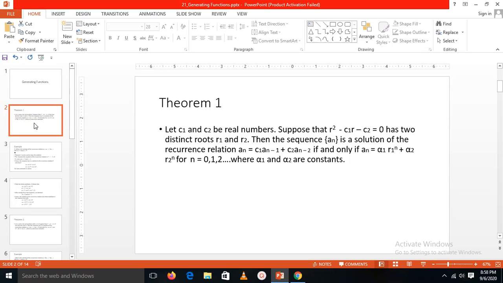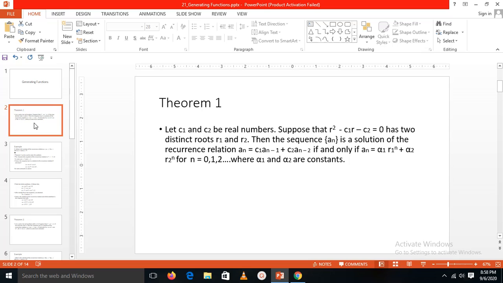Theorem first. Let C1 and C2 be real numbers. Suppose that r squared minus C1 r minus C2 equals 0 has two distinct roots, r1 and r2.